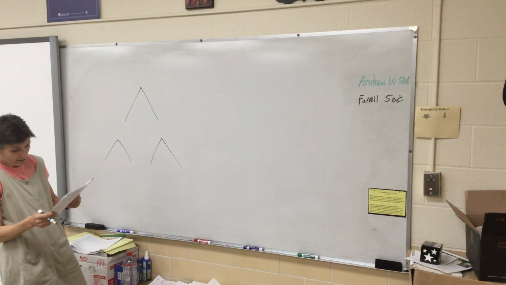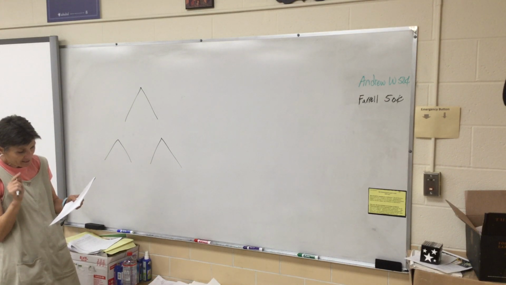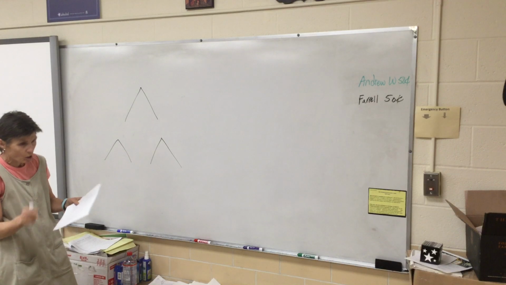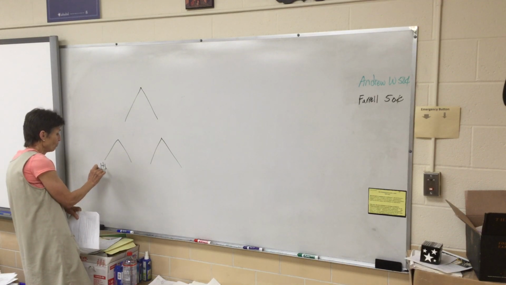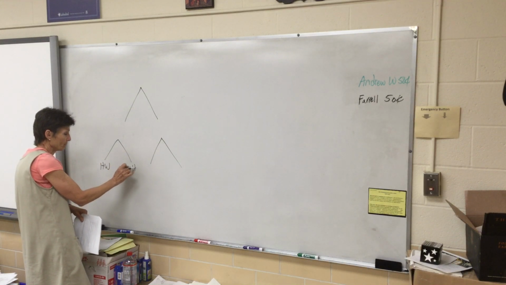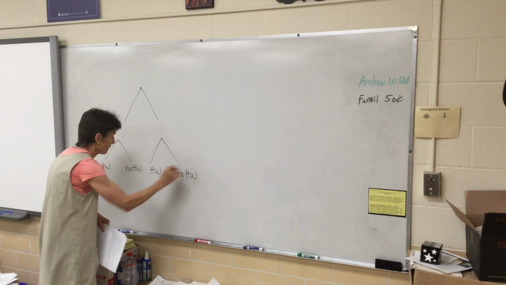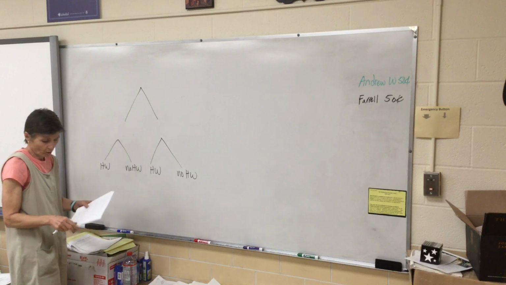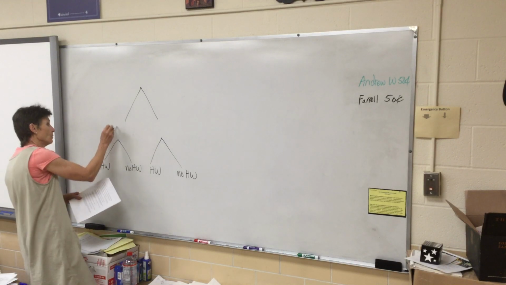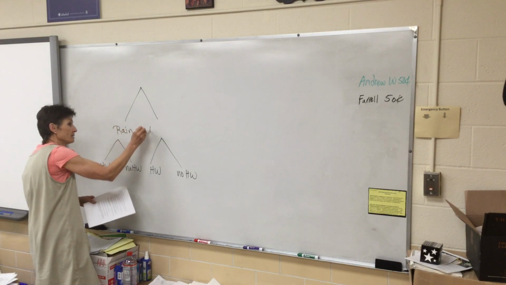The question is, what is the probability that Tim will do his homework? So I'm going to have homework and no homework as my bottom branches. This is going to be rain and no rain.